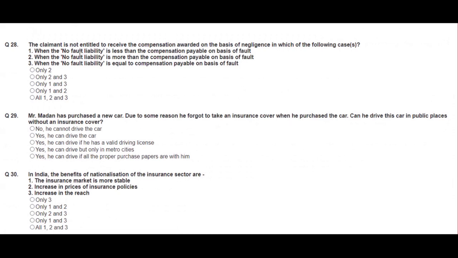The claimant is not entitled to receive the compensation awarded on the basis of negligence in which of the following cases: when the no fault liability is less than the compensation payable on the basis of fault; when the no fault liability is more than the compensation payable on the fault; when the no fault liability is equal to compensation payable on fault.